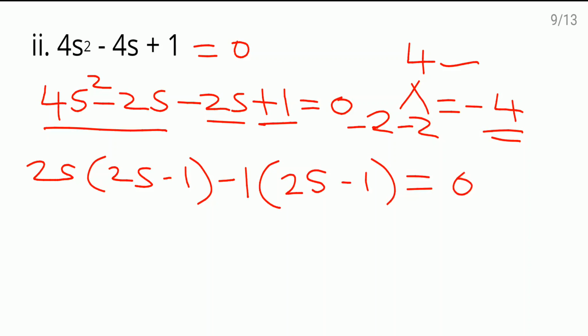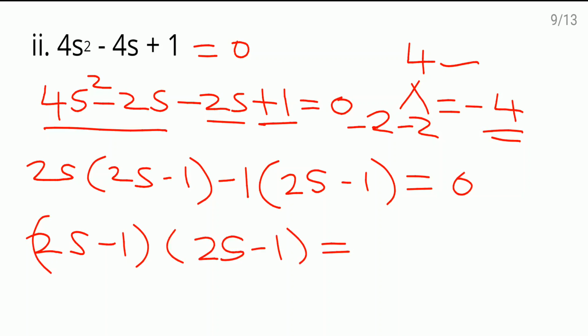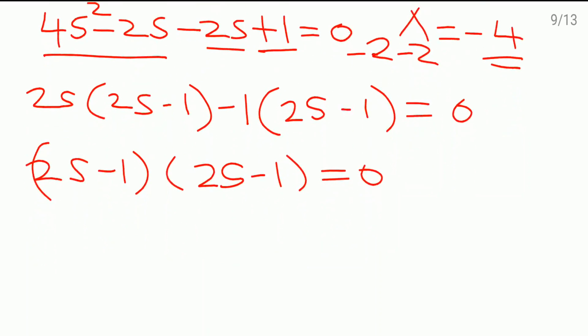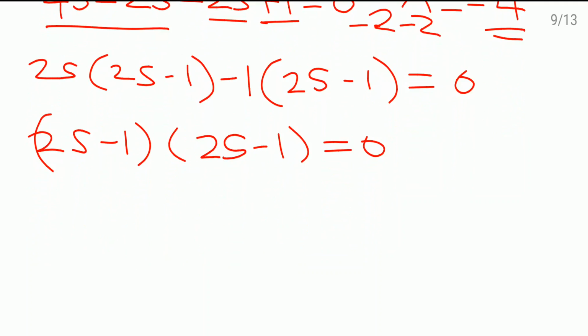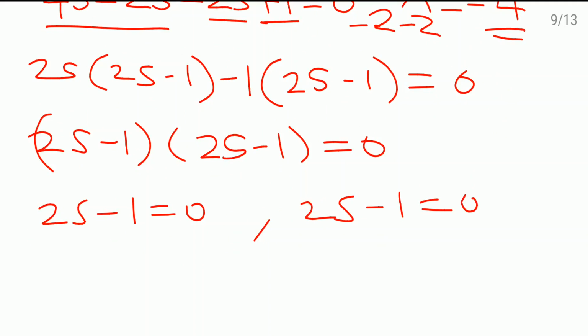So here, 2s minus 1, and in the other bracket also 2s minus 1, which is equal to 0. So here 2s minus 1 equal to 0, and here also 2s minus 1 equal to 0. So here 2s is equal to 1, and here also 2s is equal to 1.